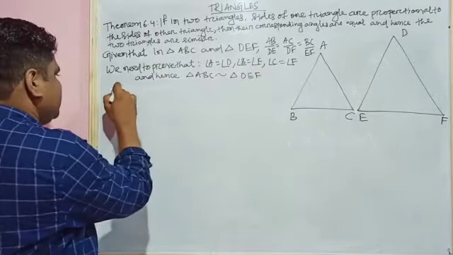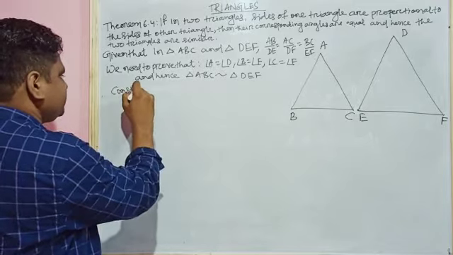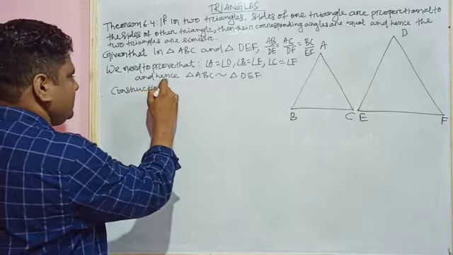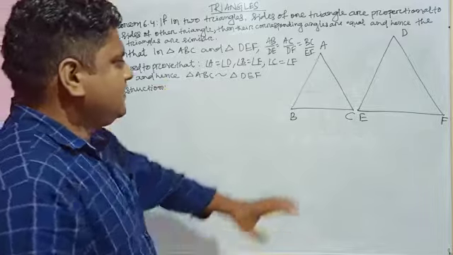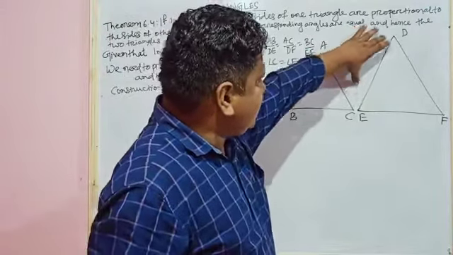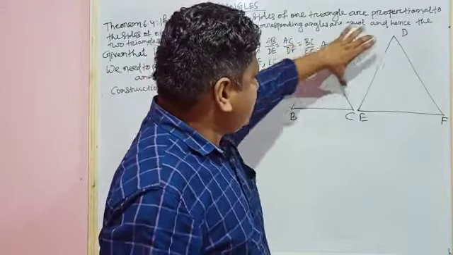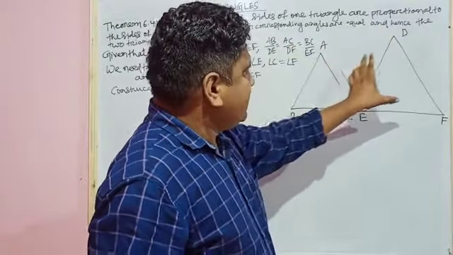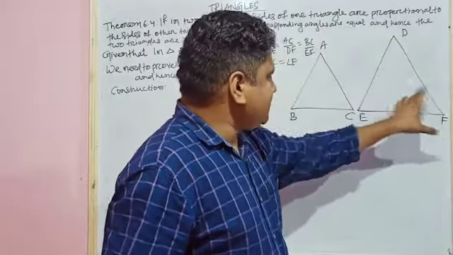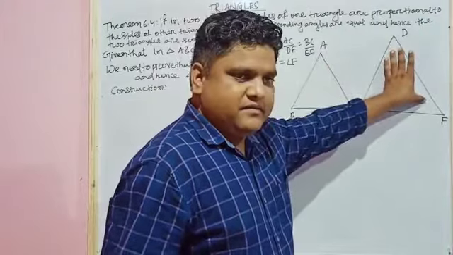For this purpose we need some construction. Construction is, let P is a point on DE such that AB equal to DP and Q is a point on DF such that AC equal to DQ.